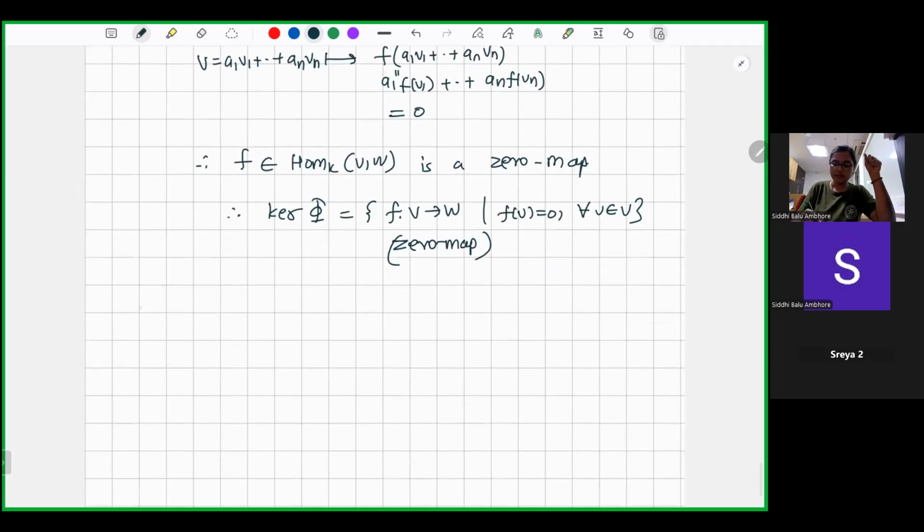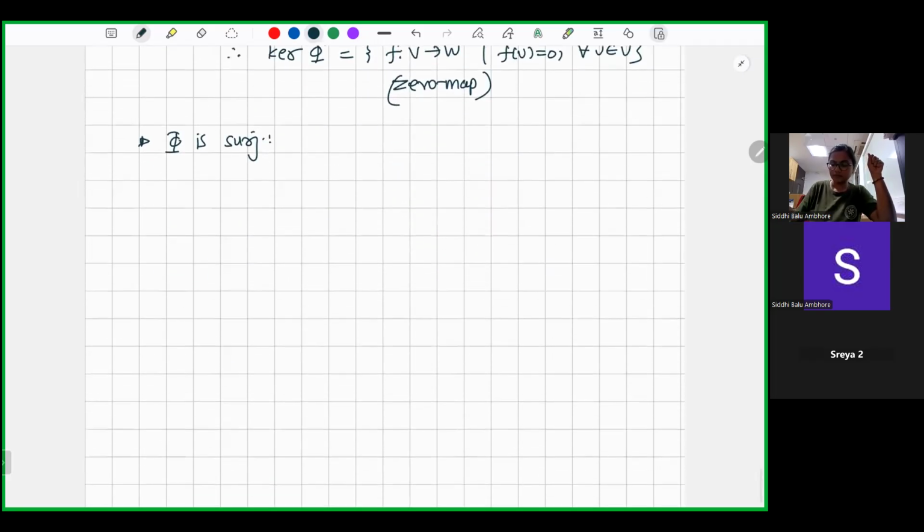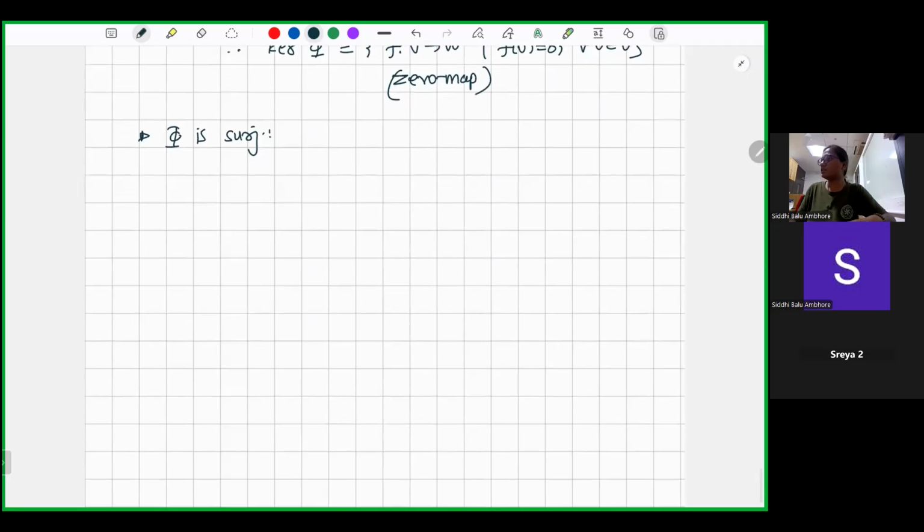Okay. And now the surjectivity. Phi is surjective. For that, suppose some (w1, ..., wn) belongs to W^n.